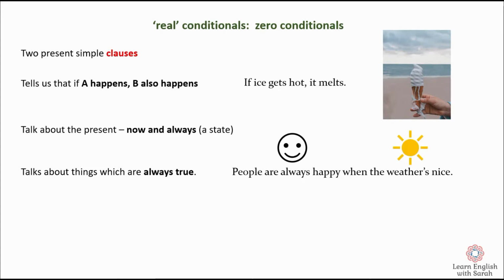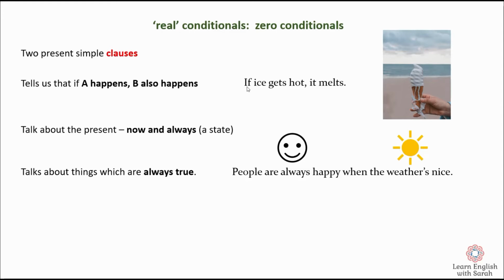And another example of things which are always true is that people are always happy when the weather's nice. You might notice in this sentence that I have used when instead of if. That's okay. And I've also changed the order of my clauses.